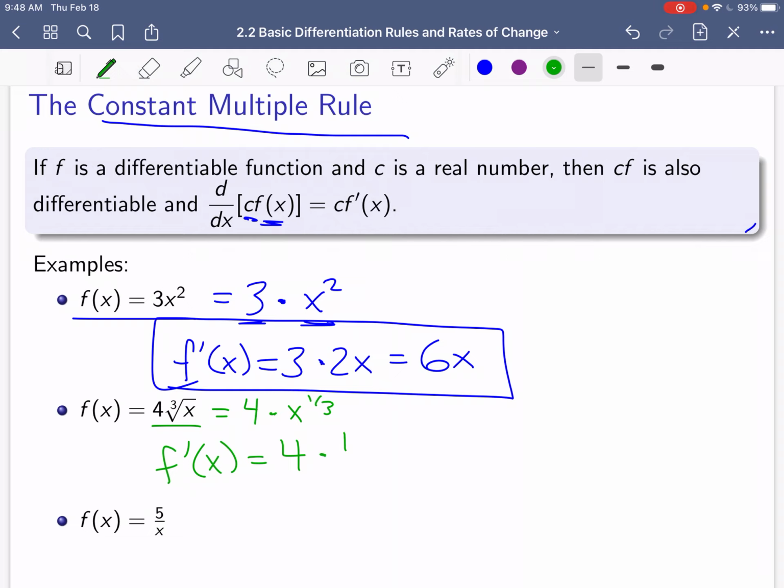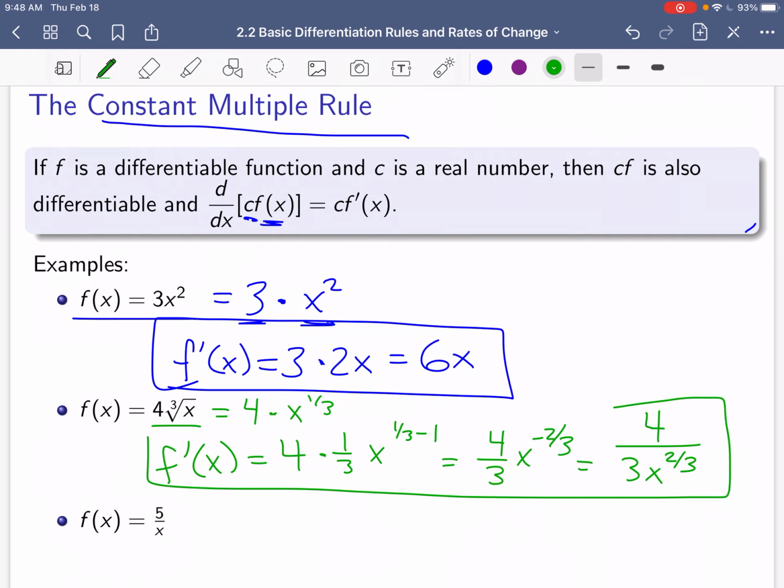We'll bring the power down and then subtract 1 from the power. And so we get 4/3 is the constant out in front, x to the negative 2/3, or 4 over 3x to the 2/3. Well, that's our derivative there.